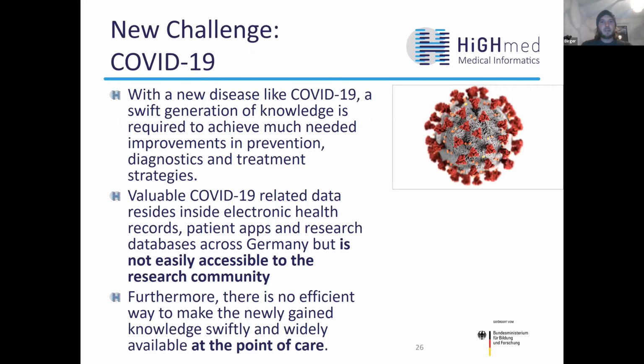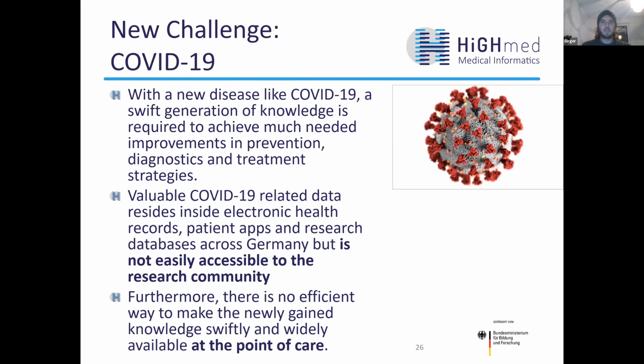So COVID-19 came along and brought some new challenges, a bit similar to what we actually want to achieve in HiMAT. So this was basically a good fit. So we have this new disease and we want to swiftly generate new knowledge. And we want to use the data from electronic health records from the different organizations for this purpose.